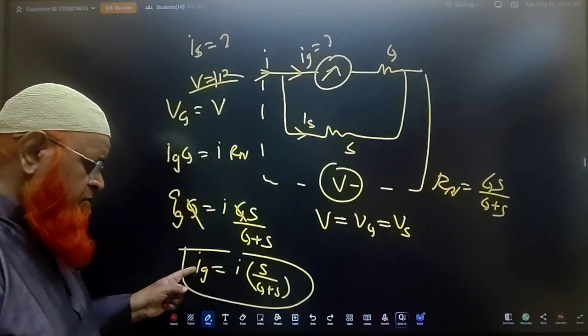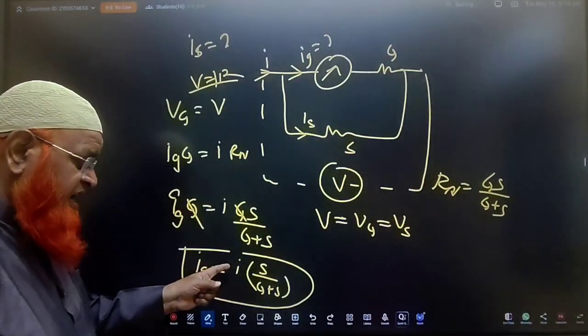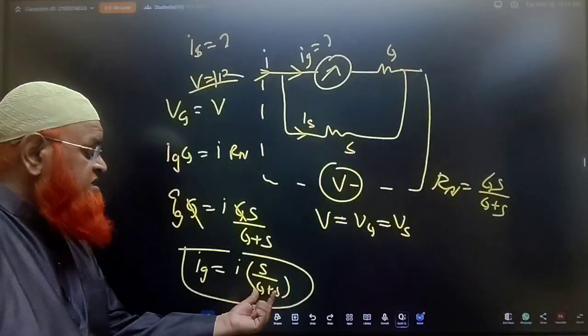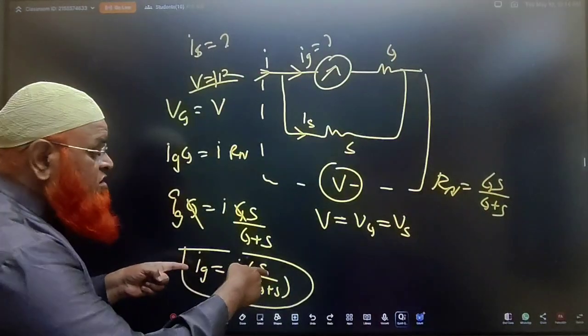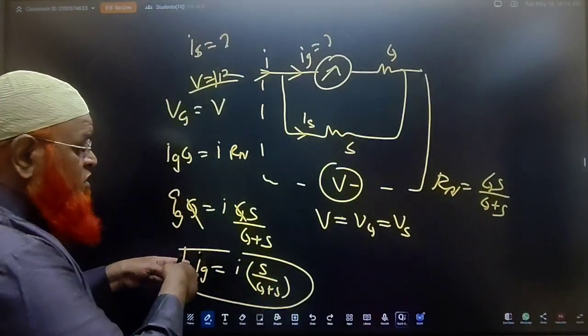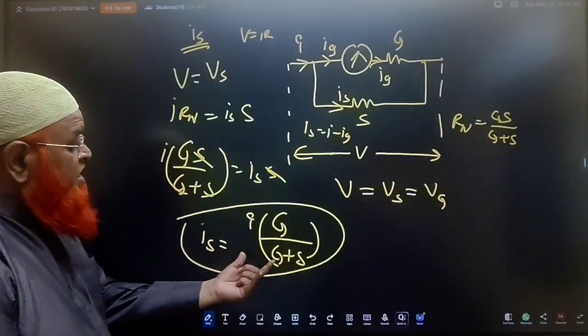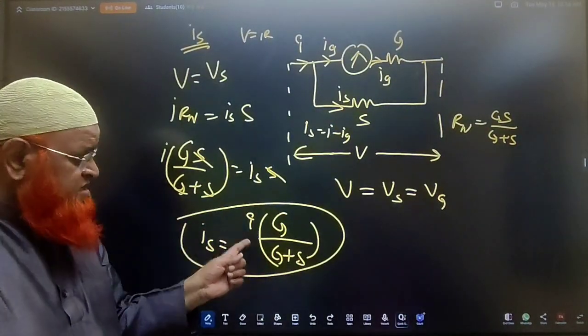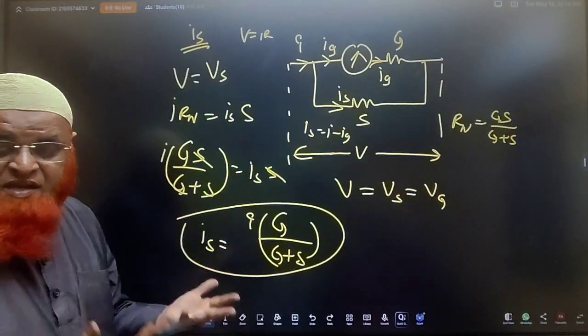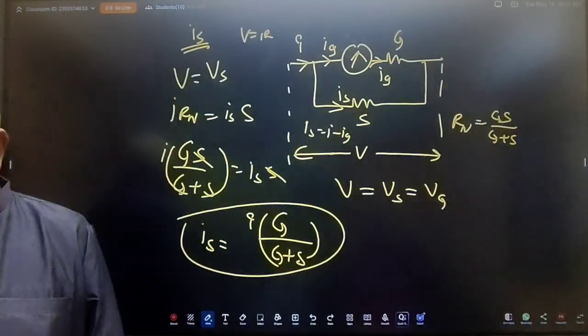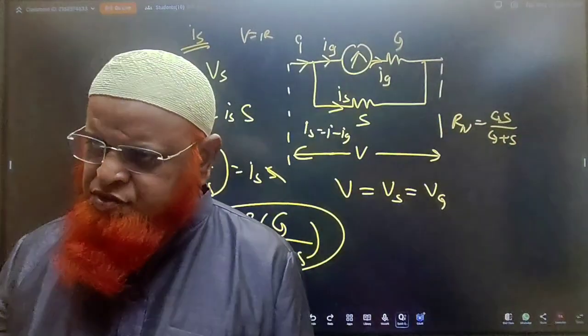If you want to find out the galvanometer current, multiply total current with the resistance ratio. But G, if you want to find out Ig, G will not be in the numerator. If you want to find out Is, S will not be there. But the denominator consists of the total resistance. Here it is only the complete current. So this is the total story of an ammeter. So simple it is.